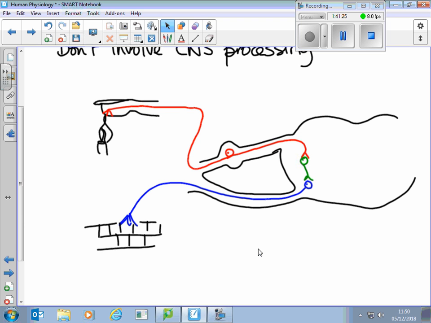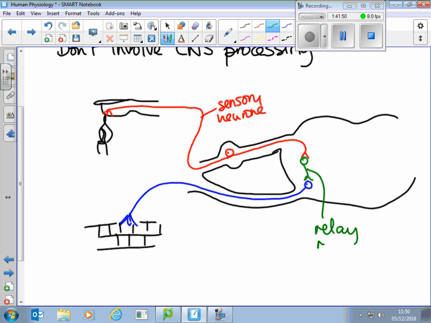But yeah, and then there was the waving it about, blowing on it, putting it under the tap, all the more elaborate responses. So somewhere in there we've got to have a connection to the brain, but it's separate. It's not part of the reflex. So what you have here is your sensory neuron. You've then got your connector or relay neuron in the spine.